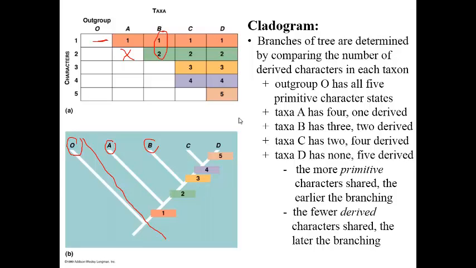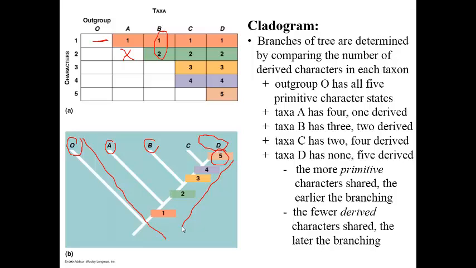If you look at character 5 here, character 5 is going to be the character that only the last groups are going to contain. Right? If you look at species D, it is going to have all the characters that evolved before it.